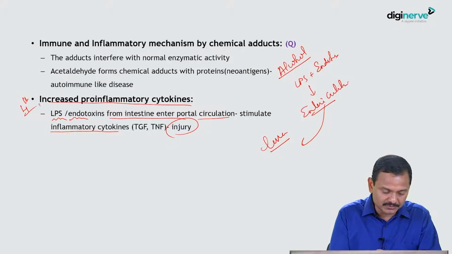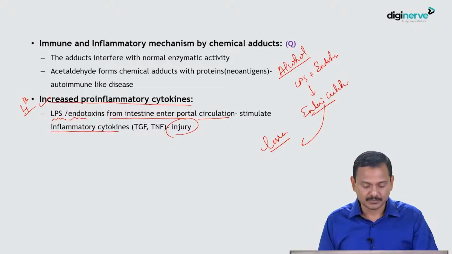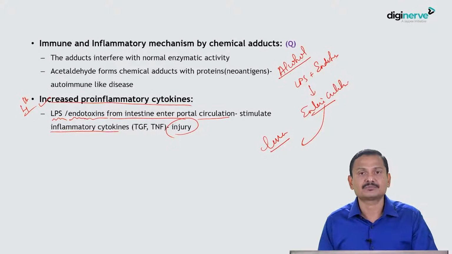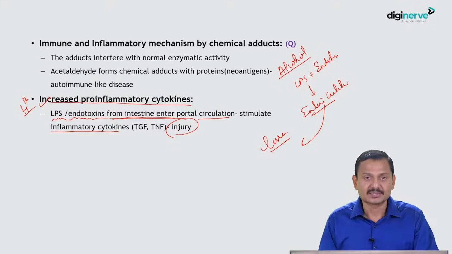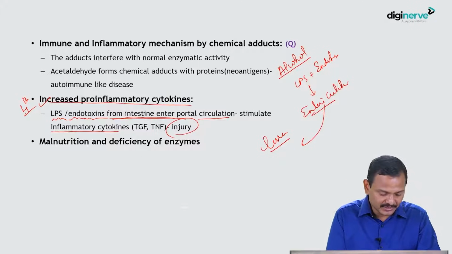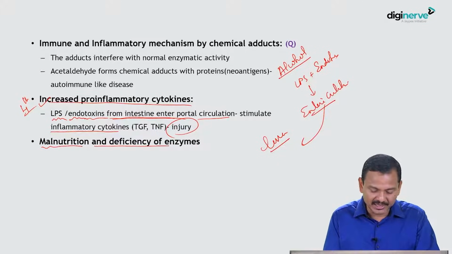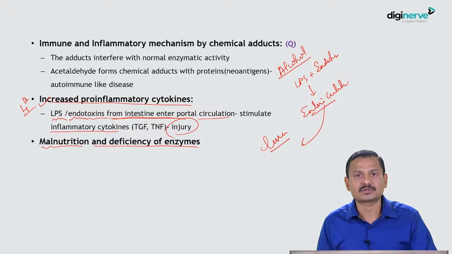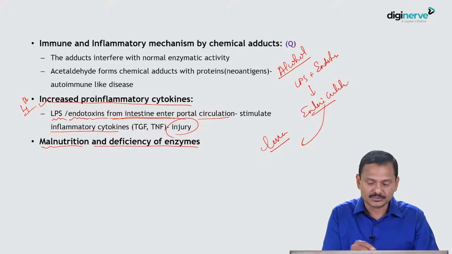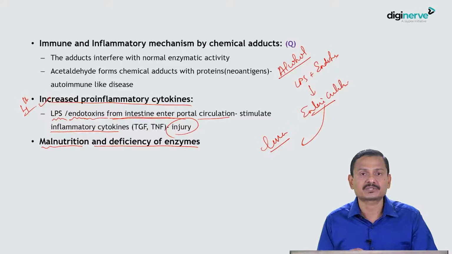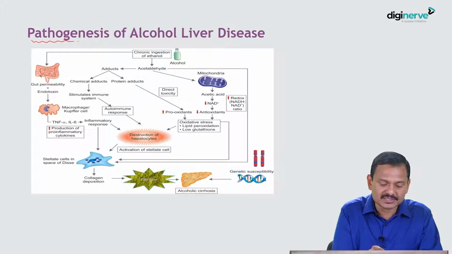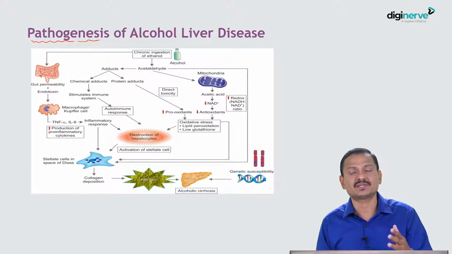Okay, so the fourth mechanism is increased pro-inflammatory cytokines, and these endotoxins come from the enterohepatic circulation. Next is malnutrition and deficiency of enzymes. So these are some of the common causes, or you can say the mechanisms, which predispose to alcoholic liver disease.